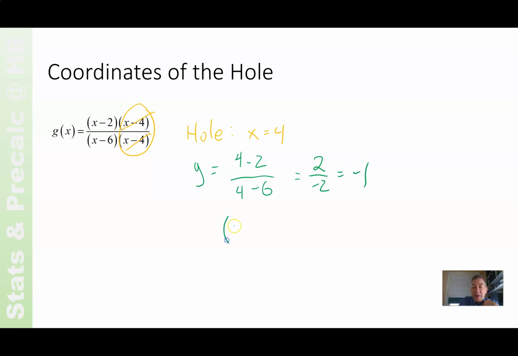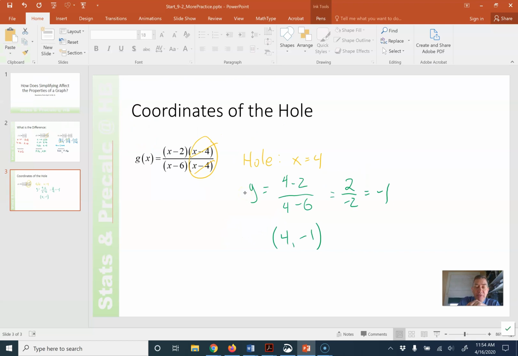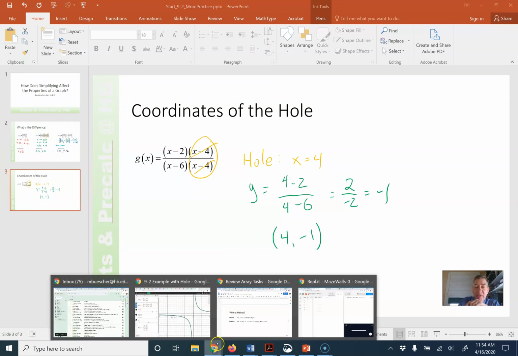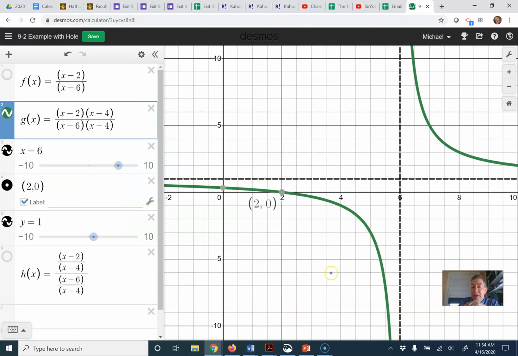So the hole is at 4, negative 1, which matches exactly what we thought from the graph. When we looked at the graph, the hole was at 4 and negative 1. When x is close to 4, y is very close to negative 1. You see it's slightly more than negative 1 here, it's slightly less than negative 1 here. In between, it's approaching negative 1. So very cool. Good questions here.